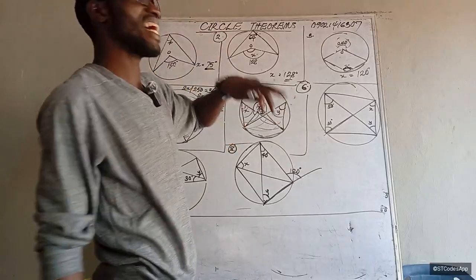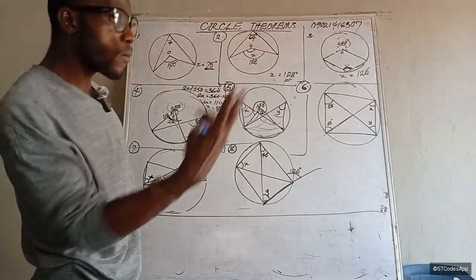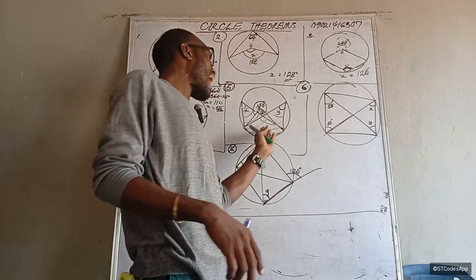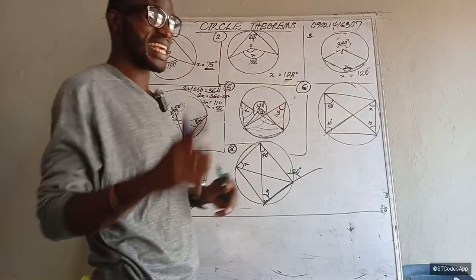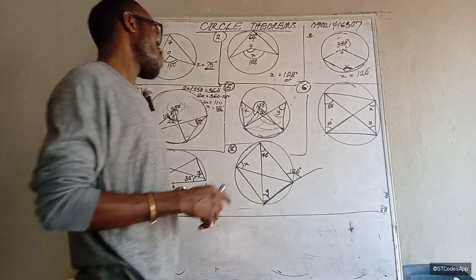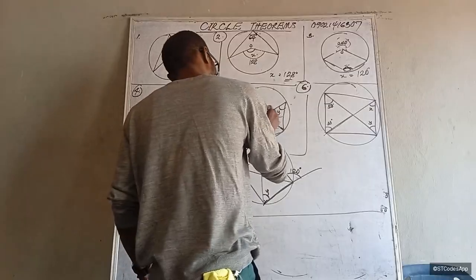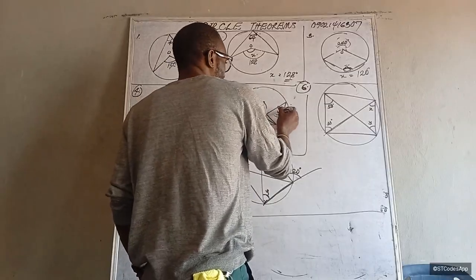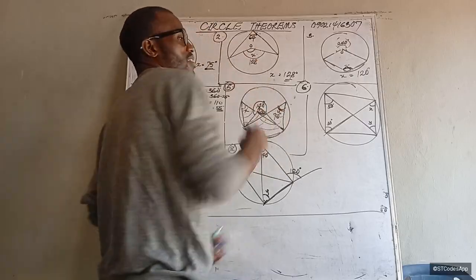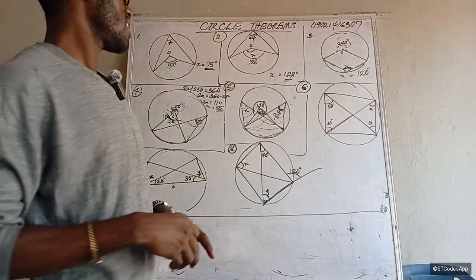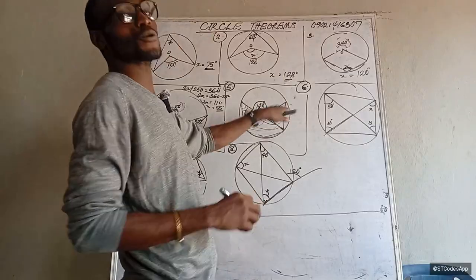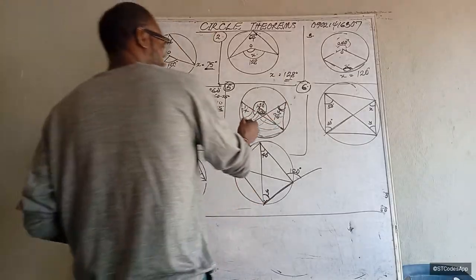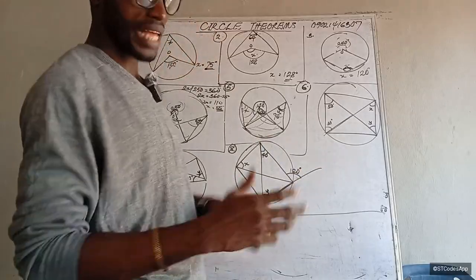So the one subtended at the center will be double the one subtended at the circumference by the same arc. So the arc that made 140 here will make what here? 70, because that will be half. Since they are in the same segment also, it is the same arc. Do you understand? So those two axioms are linked.